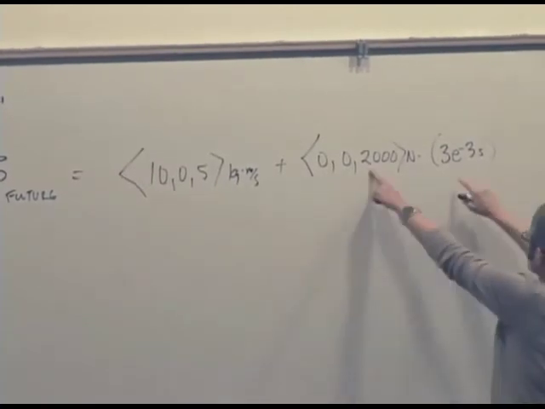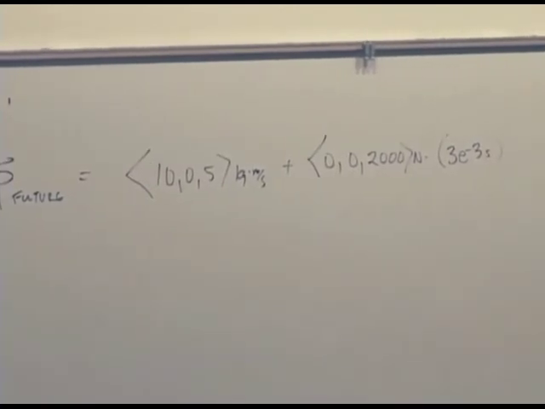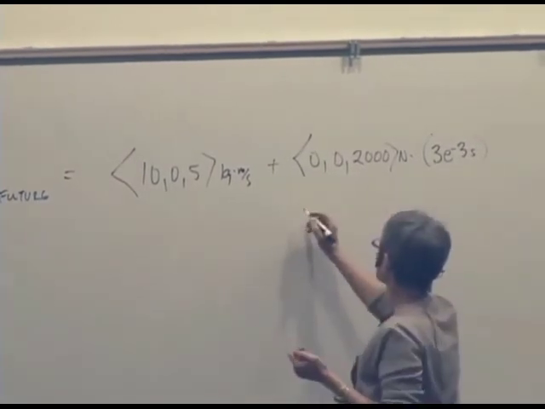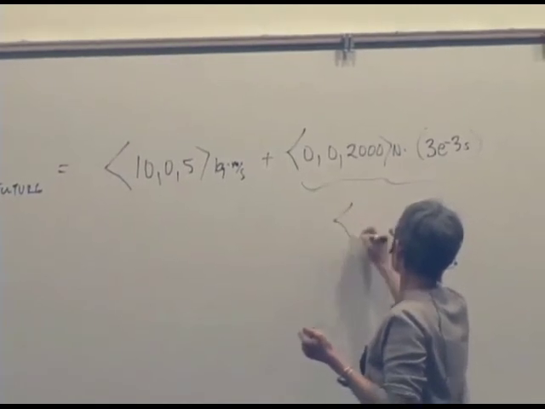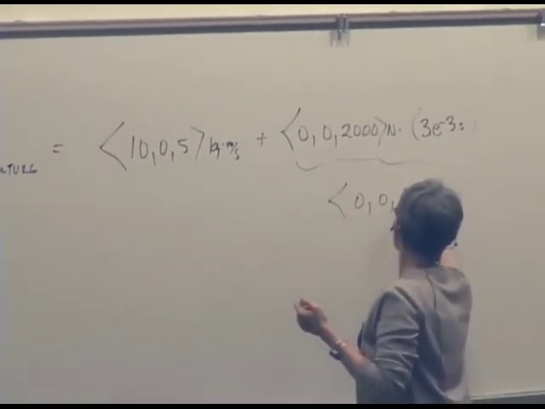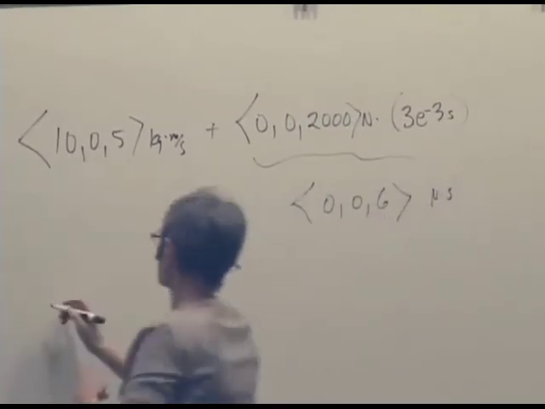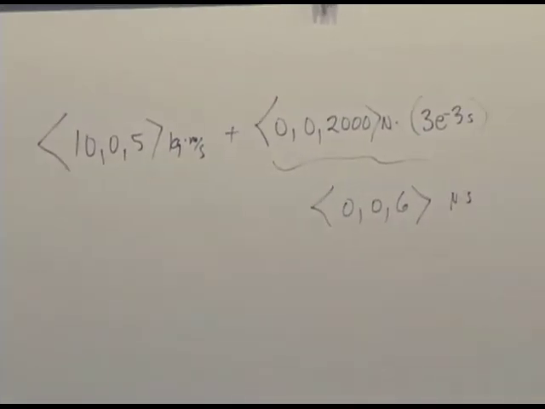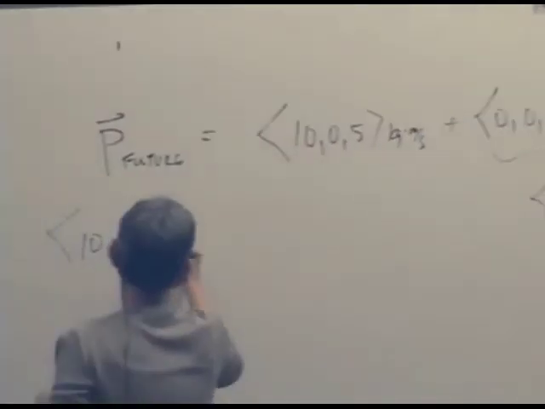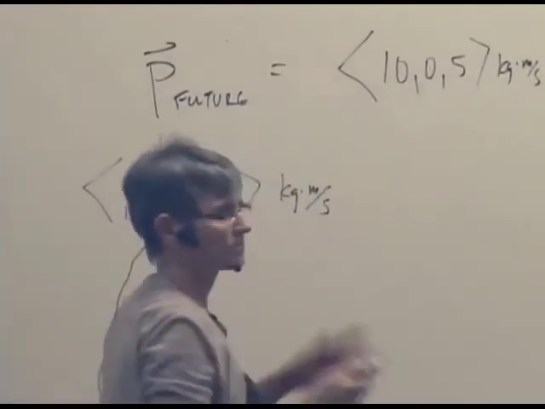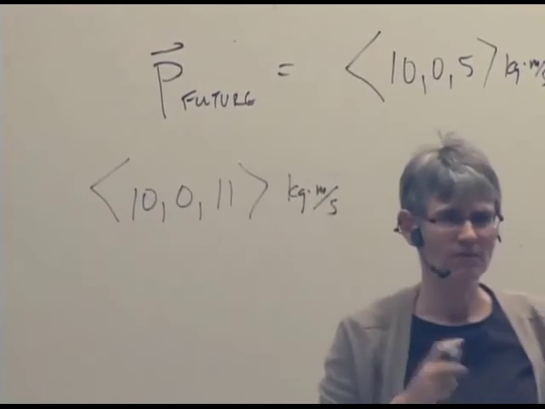And so 2 times 10 to the third times 3 times 10 to the negative third is 6. So that comes out to 0.006 Newton seconds. We add that to that, and we get 10.011 kilogram meters per second. So good. You can do it.